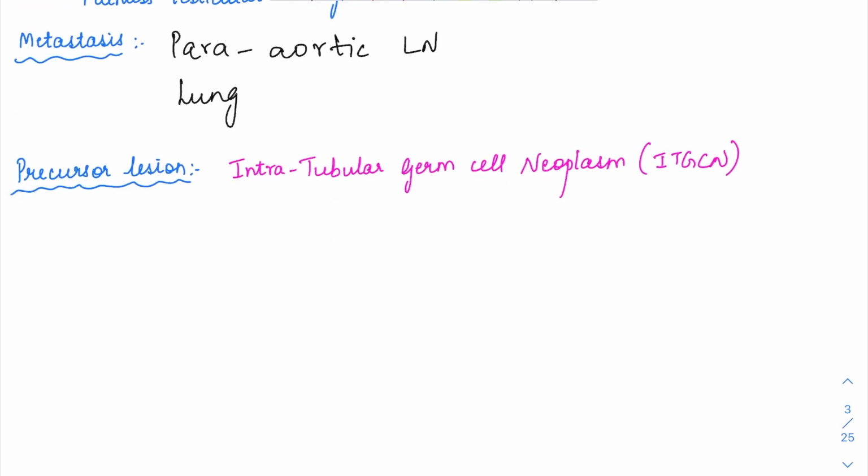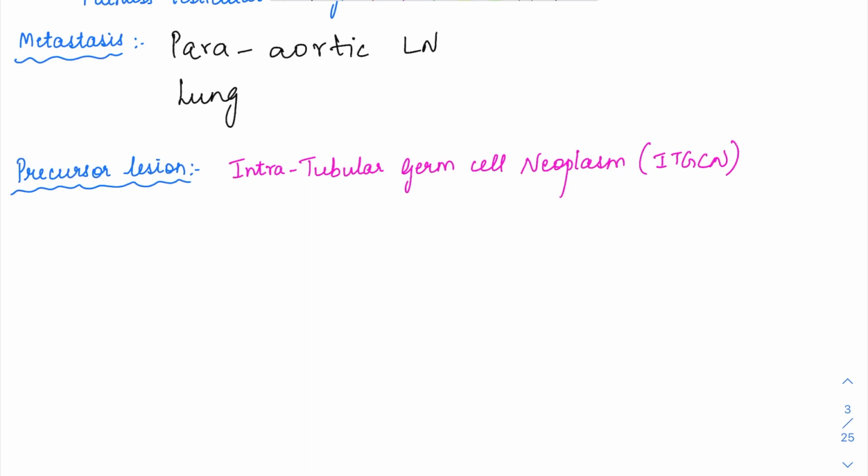Some of these germ cell tumors, not the sex cord stromal tumors, I am speaking about the germ cell tumors, can have precursor lesions called ITGCN, which is intratubular germ cell neoplasm. Intratubular means the precursor component is present only inside the seminiferous tubules.